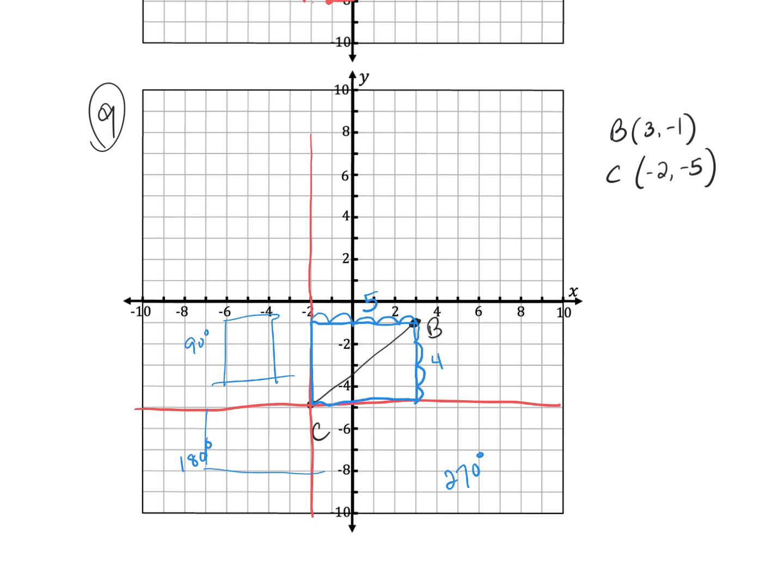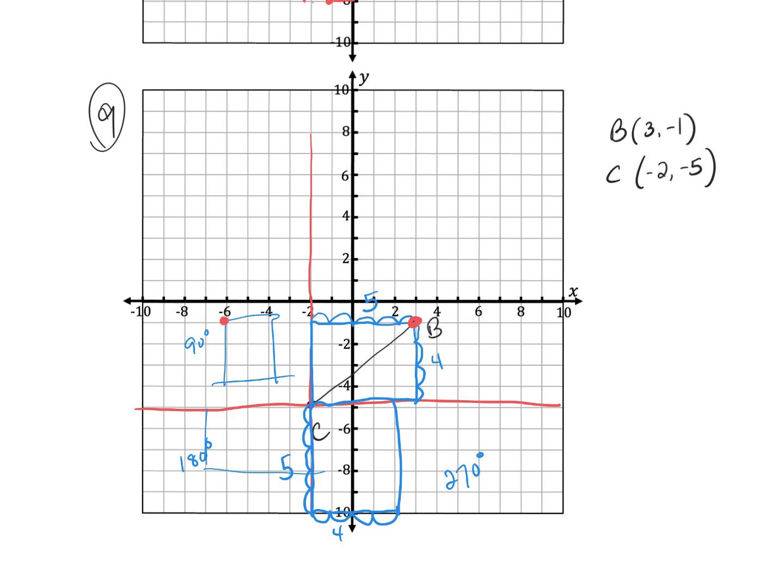So my third rectangle is going to have a height of 5, 1, 2, 3, 4, 5, and a width of 4, 1, 2, 3, 4. So this is 4, this is 5. And now we have to ensure that we keep track of where point B goes.